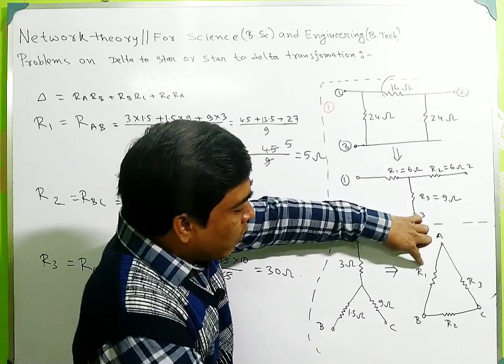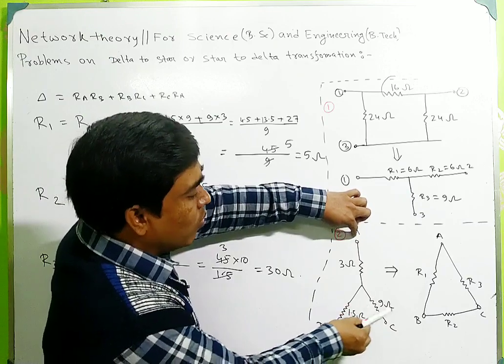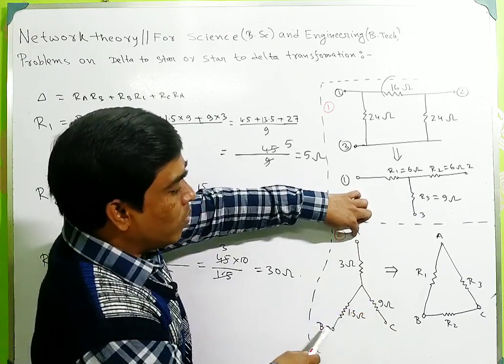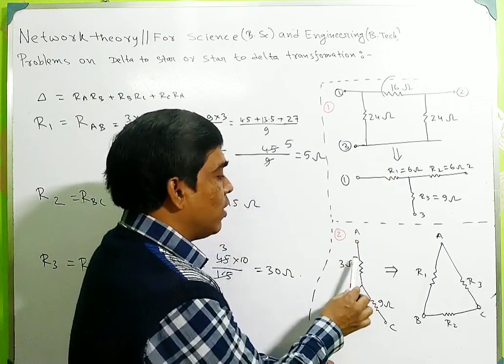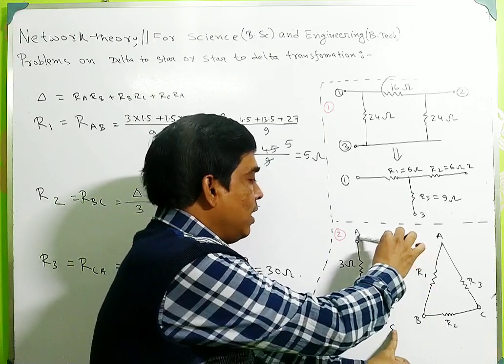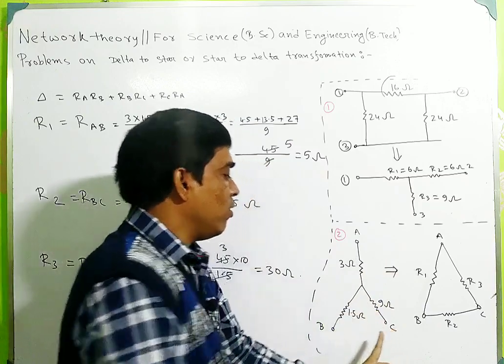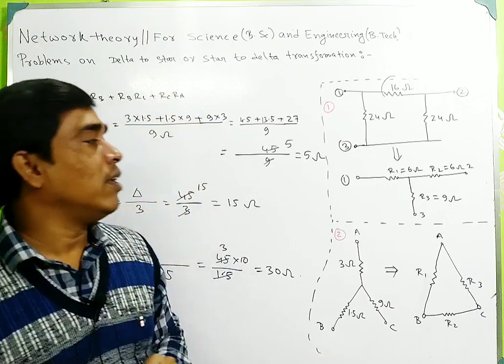If you want to calculate R1, across nodes A and B, the open resistance is 9 ohm, so delta divided by 9 ohm. For RBC, R2, the divisor will be 3 ohms. For RCA, the divisor is 1.5, and delta remains the same. Okay.